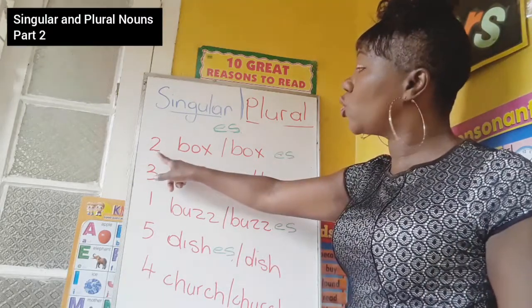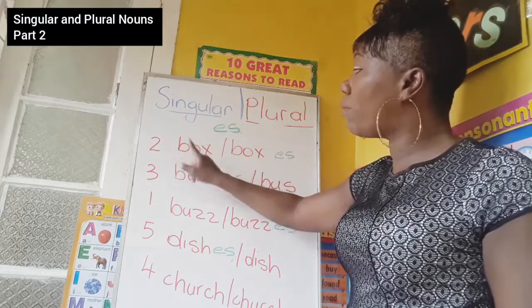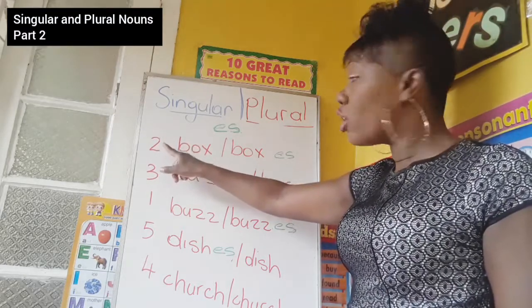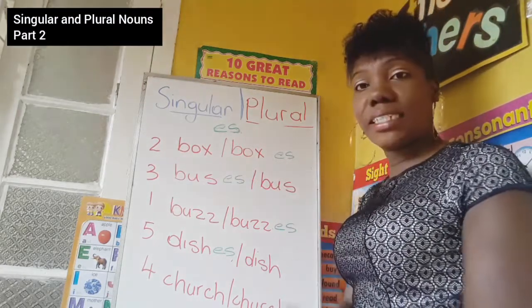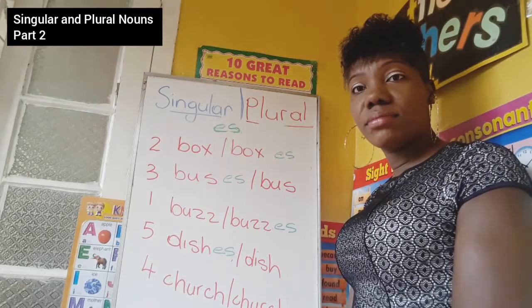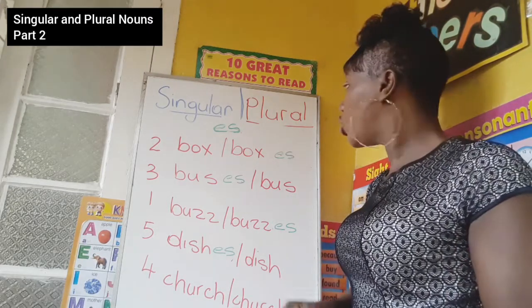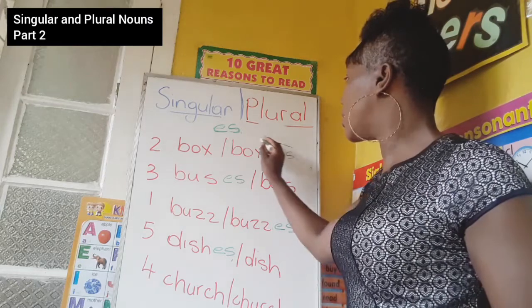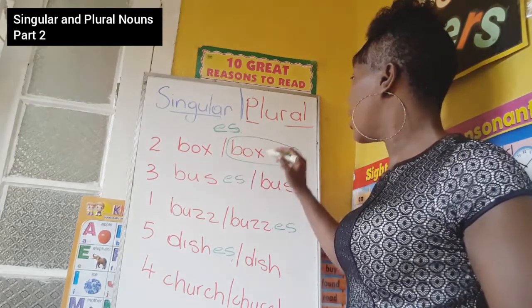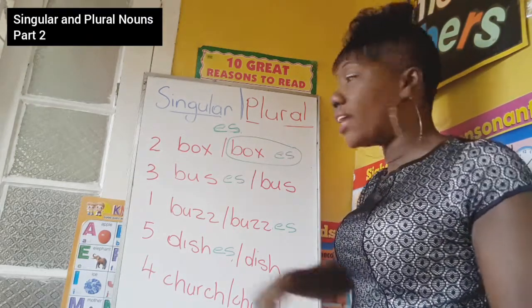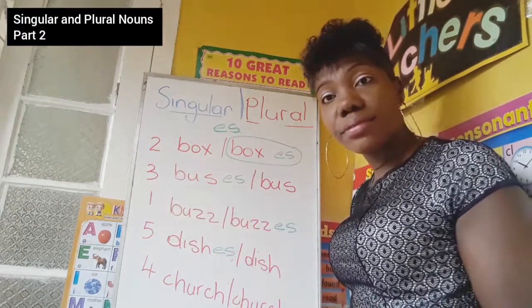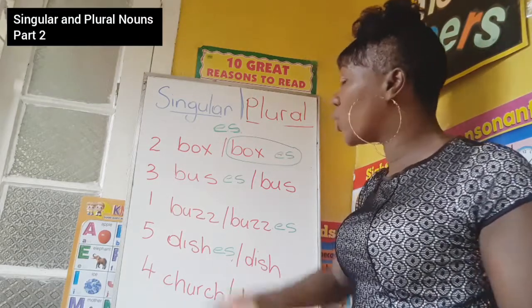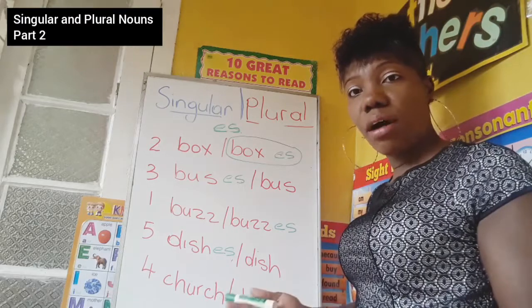So we have 2. Do we say 2 box or 2 boxes? Very good. 2 boxes, because it's plural and 2 is more than one. If it was one, we would have one box.